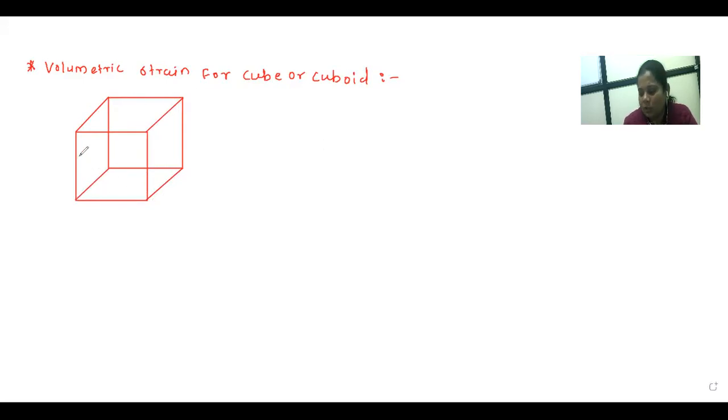Okay. So this is the cube. For this, we will derive the equation. First you understand, and then I will give time for writing.